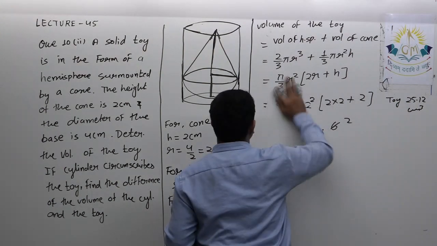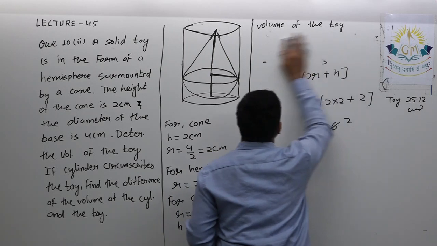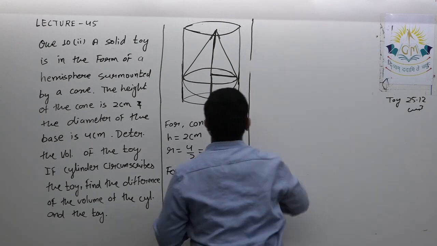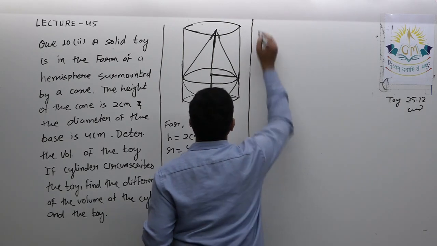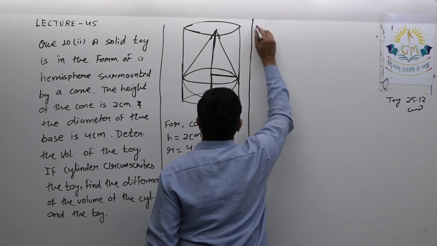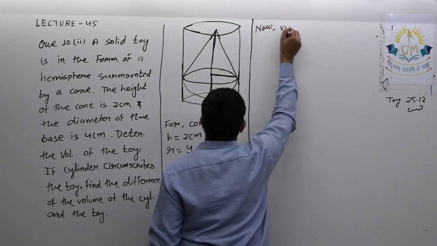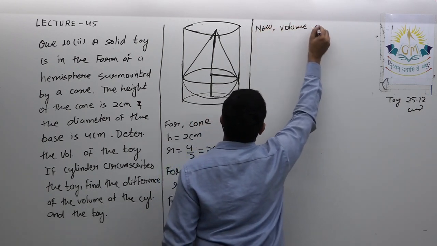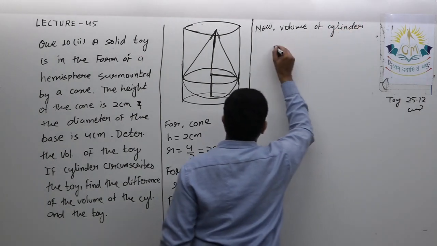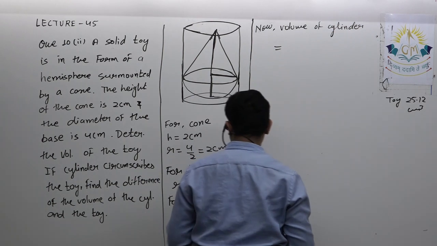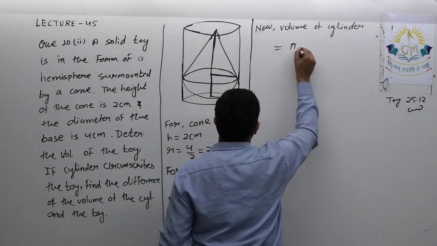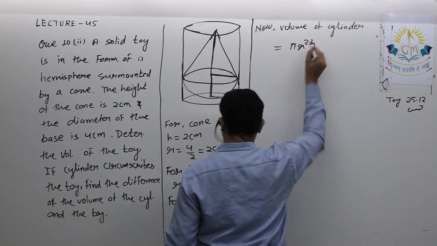Now we'll find the volume of cylinder. Volume of cylinder is pi r square h.